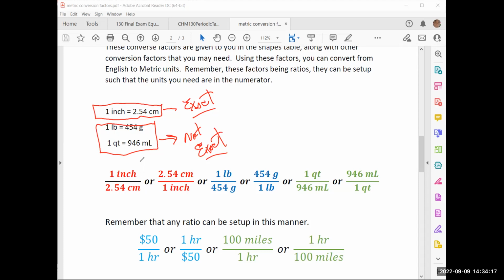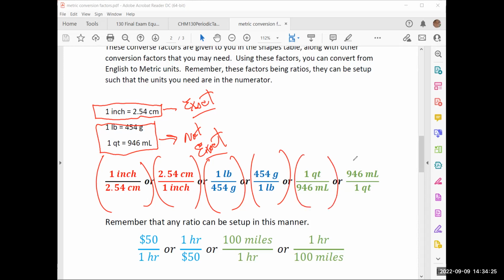These 3 factors, again, can be written as a ratio one of 2 ways, as we show there. Okay? And that allows you here to get from English to metric units. And this is true for any conversion factor, any ratio, okay? Because we're going to use this system down the road where chemically, let's say we got A plus B gives me C, maybe 3 C's, maybe 2 C's.